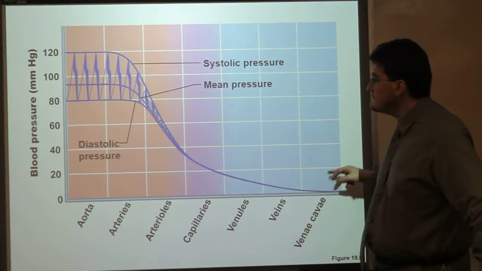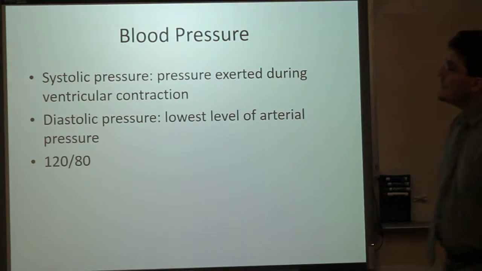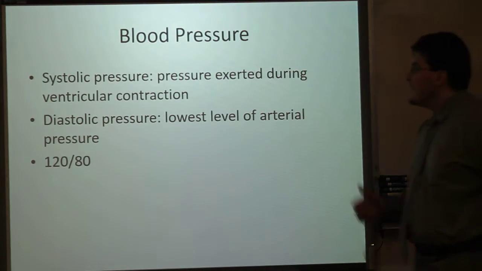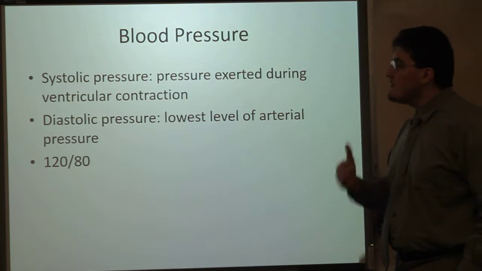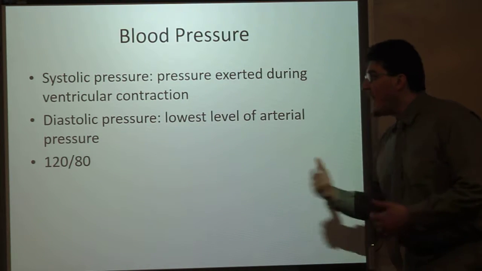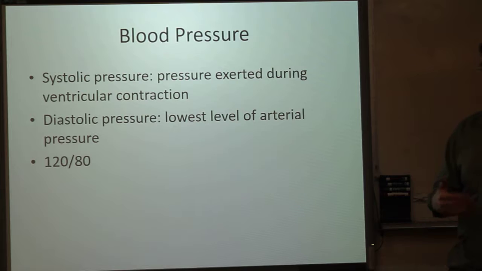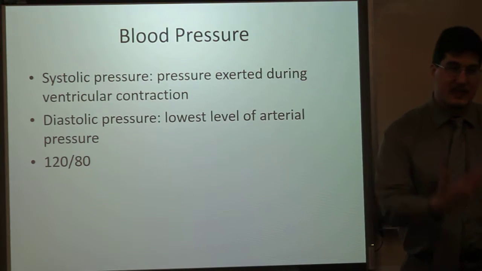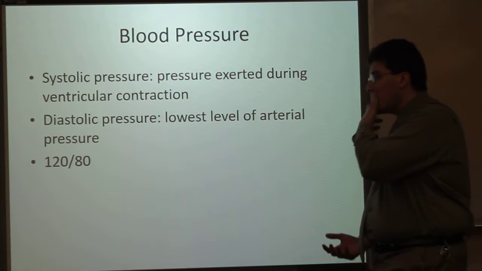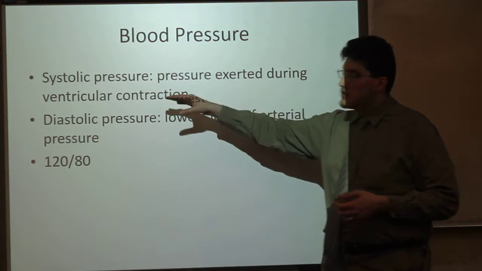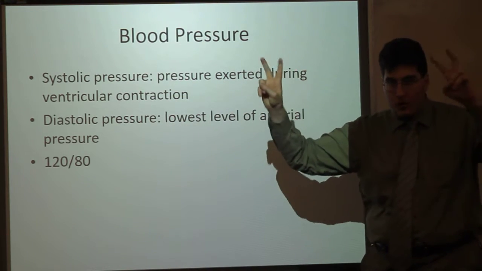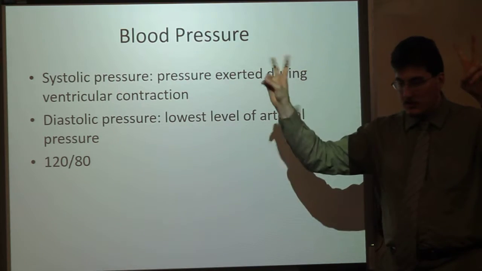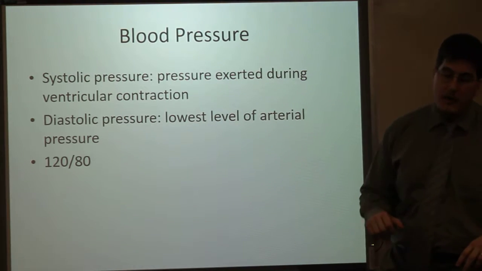Now, systolic pressure is the pressure that is exerted during ventricular contraction. Diastolic pressure is the lowest level of arterial pressure that you will achieve before systole begins again. So, that pressure in quote-unquote normal circumstances is 120 over 80.